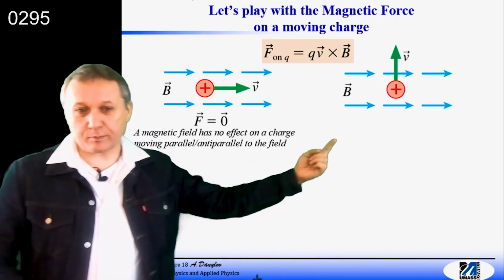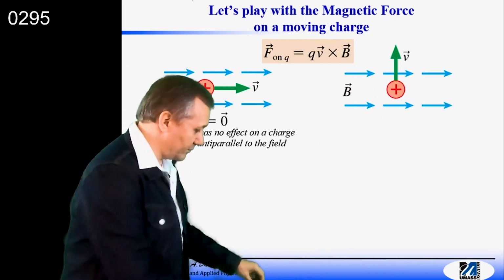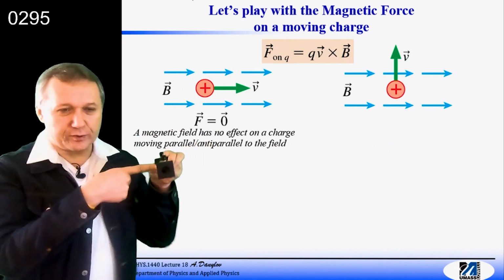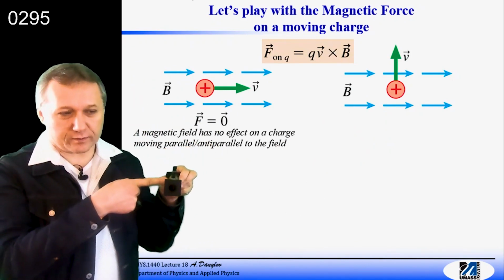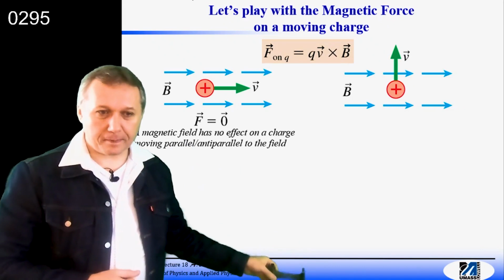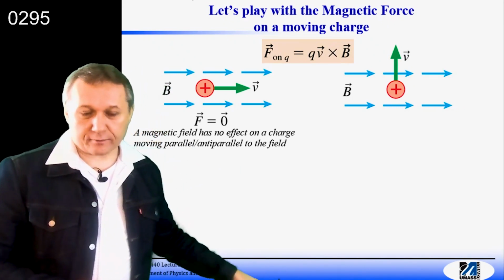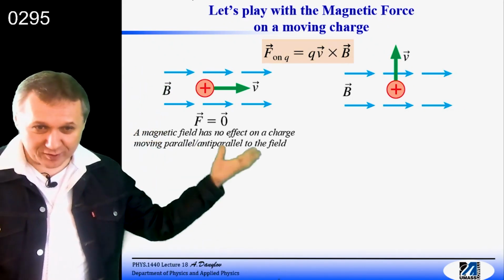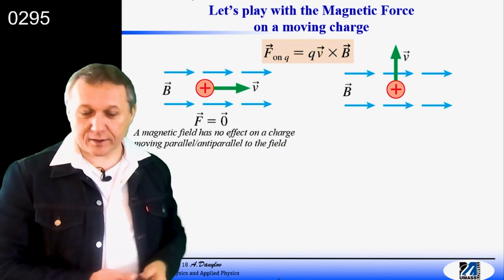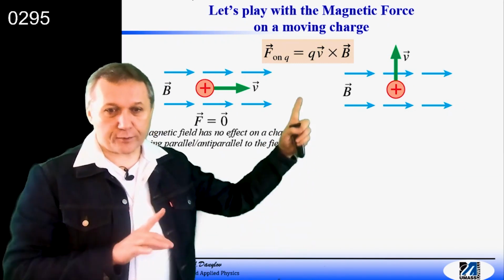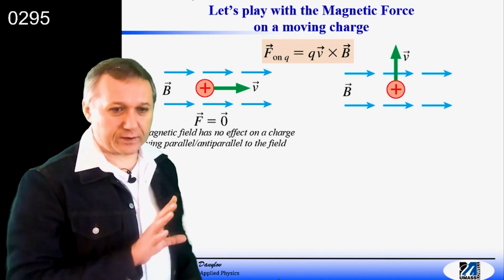Now let's send the particle perpendicular. If you send the particle perpendicular to the solenoid, let's assume that there is a hole somewhere. In this case, of course, the magnetic force is not going to be 0. So how can we find the direction? Again, the right-hand rule. First, V is up.